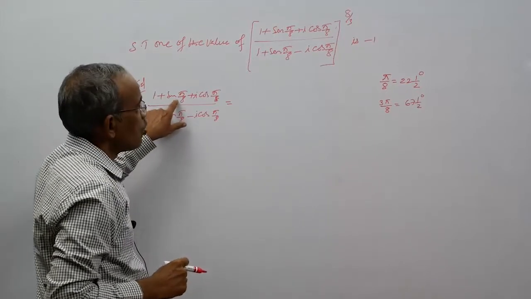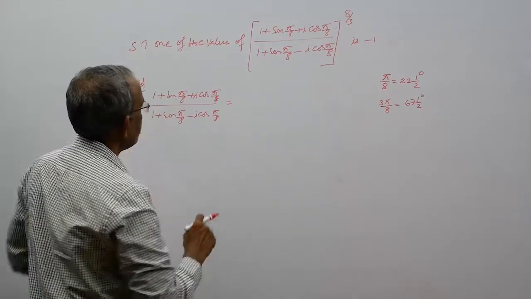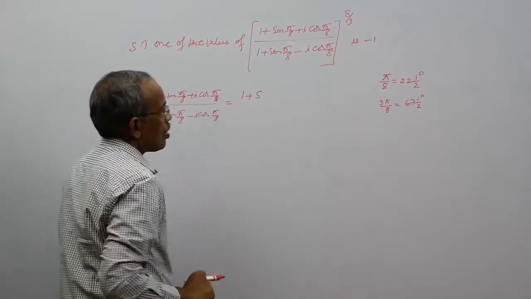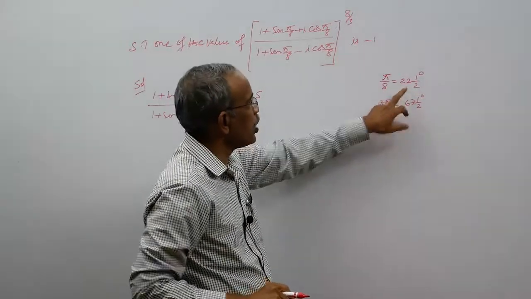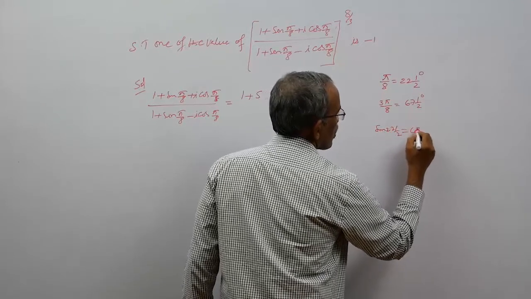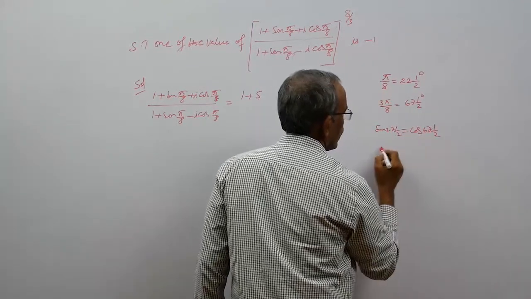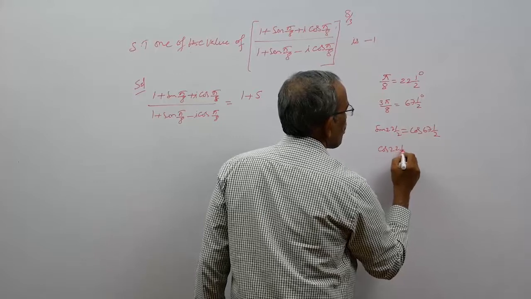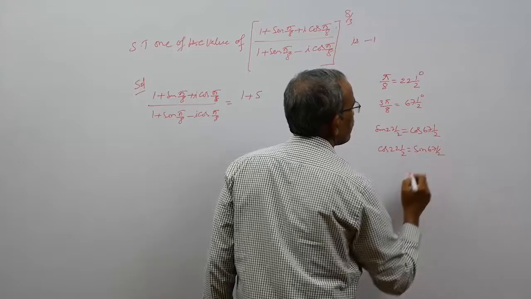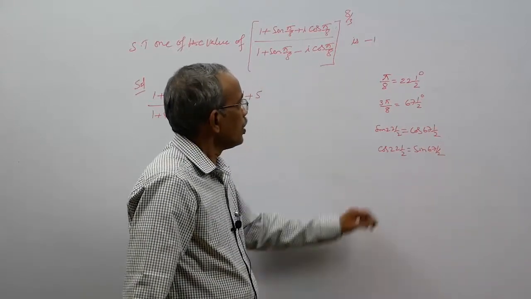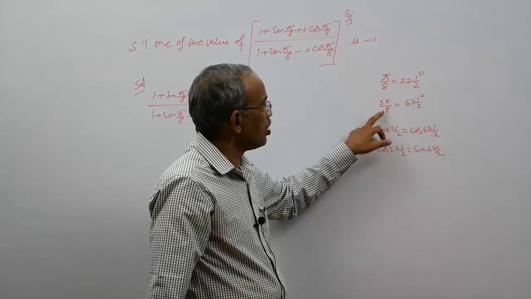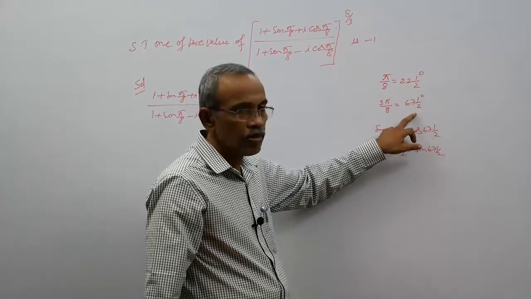Sin pi by 8 means sin 22.5. We know that sin 22.5 is equal to cos 67.5, and cos 22.5 is equal to sin 67.5, since these two are complementary angles: 22.5 plus 67.5 is equal to 90 degrees.